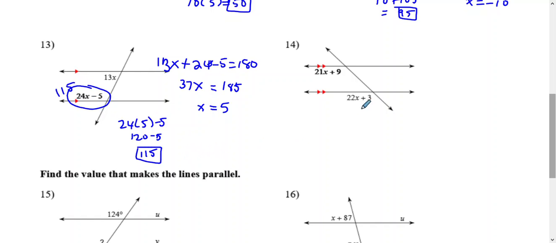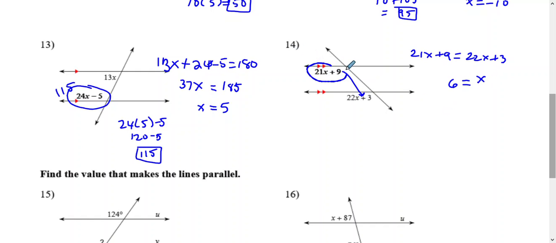Okay. When we look at 14, we see that we have corresponding angles. It slid down the transversal and is in the same location. Corresponding angles have the same measurement, so our equation would be one of them, 22x plus 9, is going to equal the other one, 21x plus 3. Now we just have to solve this for x. If we subtract 21x from both sides, we'd end up with x over here, and subtract 3 from both sides, and we get x equals 6.